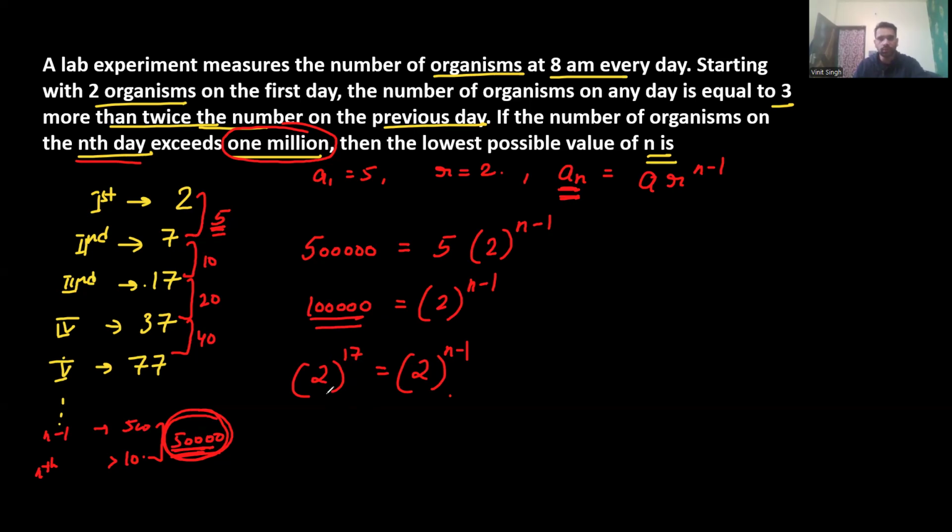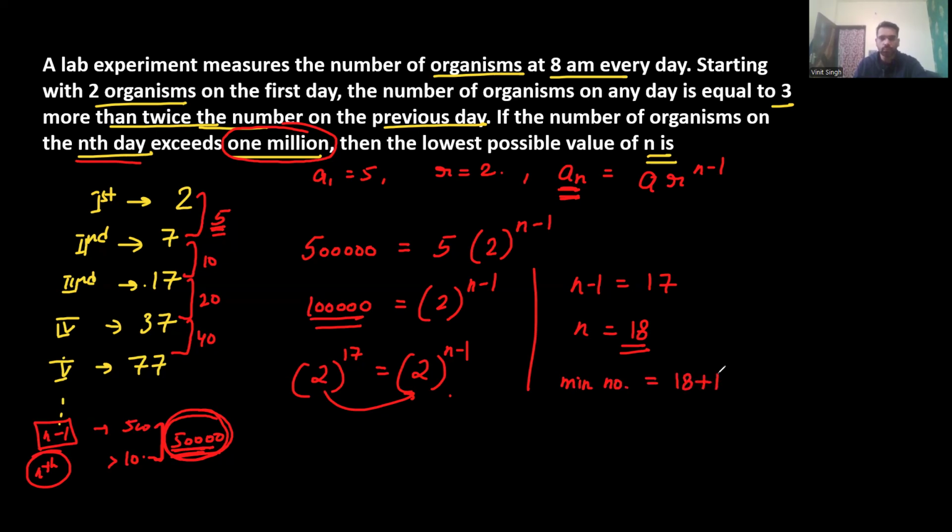Now the base is common, so n minus 1 equals 17, then n is equal to 18. This 18 is the term number for the 5 lakh difference, the n minus 1 term. Then the nth term will be 18 plus 1.